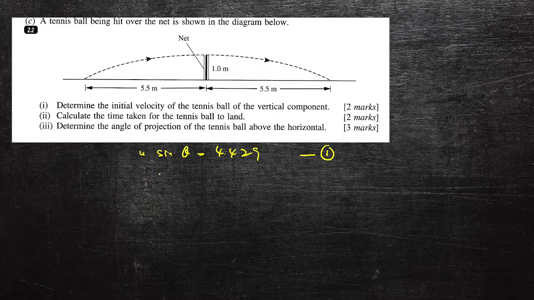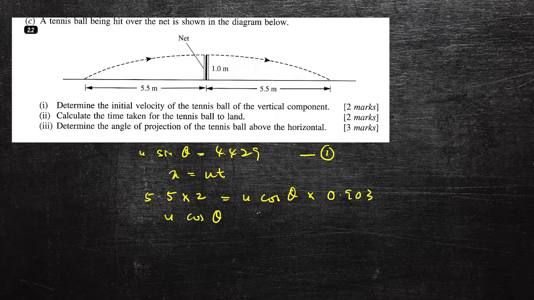Now we consider the horizontal movement, that is x equals ut. This is vertical and this is horizontal. So 5.5 times 2, that is the whole range, 5.5 on each side, equals u cos theta times 0.903. So u cos theta equals 12.1816. This is the second equation.